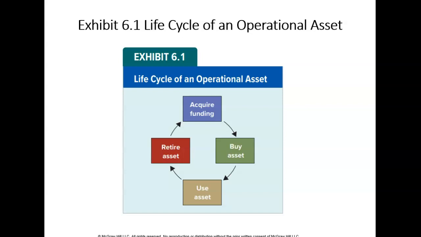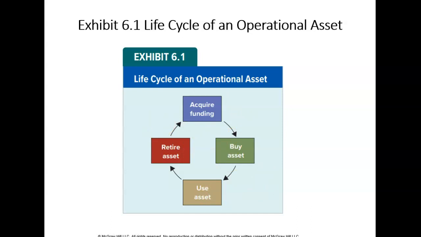Next, the life cycle of operational assets. First, we need money. So first, we have to acquire funding in order to buy the asset. Once the asset has been purchased, we're then going to use the asset.